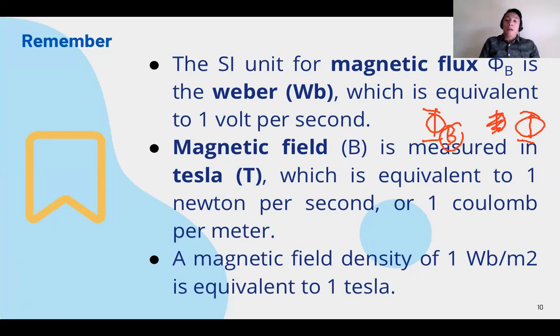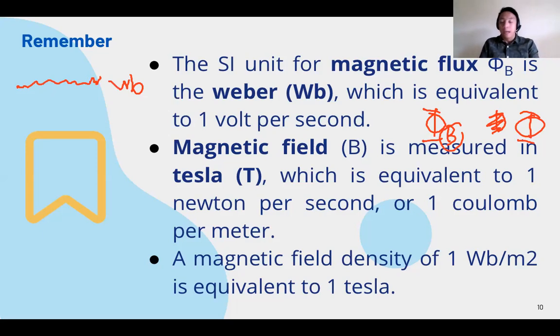So the unit for magnetic flux is the Weber or WB, which is equivalent to 1 volt per second. So for example, in the question, what will be the total magnetic flux? Yun yung pinakatanong. So if you have now the answer, which are the numbers, and then don't forget to put WB. It's because that will be the unit for magnetic flux.